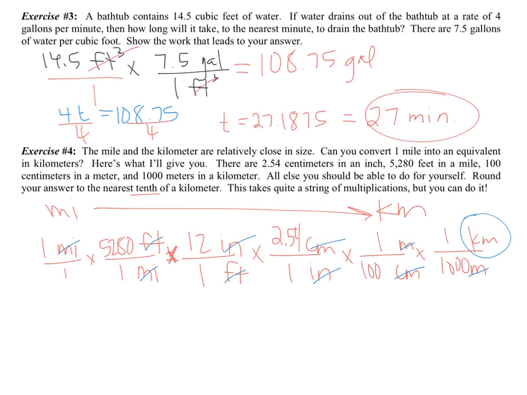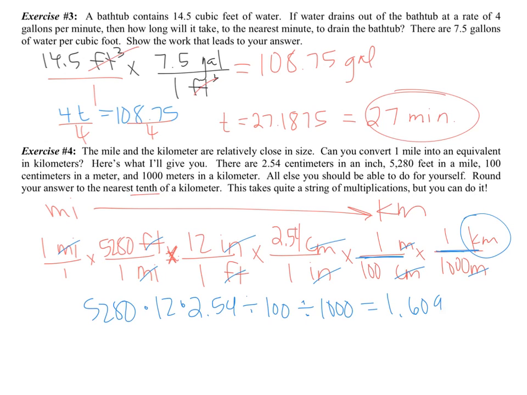So we do 1 times 5,280 times 12 times 2.54 divided by 100 divided by 1,000. The reason why we're dividing is because we have this 100 and 1,000 in the denominator. Once you do all of that work, you find that it's 1.609 kilometers, but it says to round to the nearest tenth, so 1 mile is approximately 1.6 kilometers.